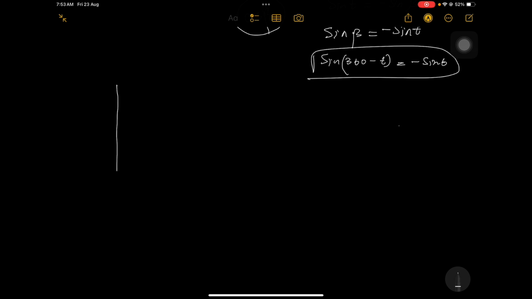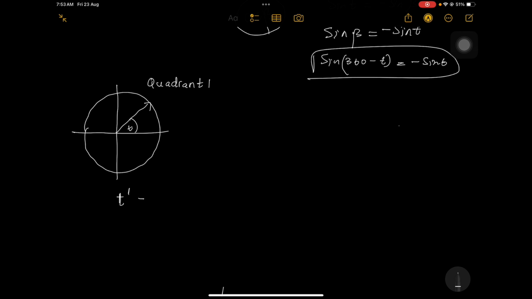If it's quadrant 1, some acute angle t, the reference angle is the acute angle t itself. T dash is the reference angle, we'll call it the reference angle.